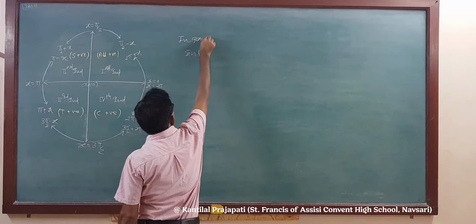And cos of (2n+1)π/2 plus or minus x will be plus or minus sin x.